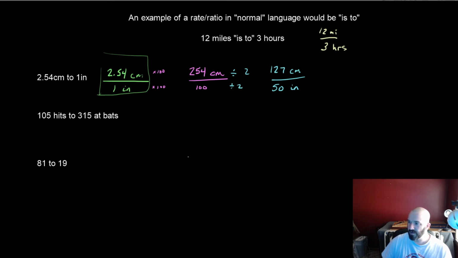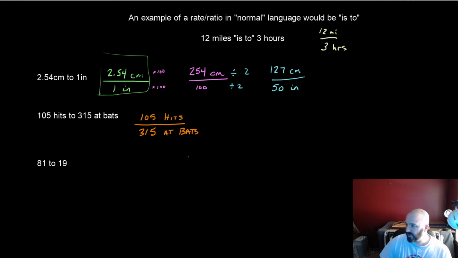All right, next one here. 105 hits to 315 at-bats. Notice they even forgot the "is" in these circumstances. You can see just how lazy we get right off the bat. You're by and large going to completely ignore the denomination here, as far as what type of measurement it is, and you're just going to concentrate on the numbers.